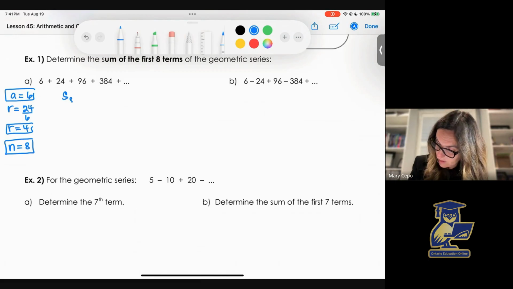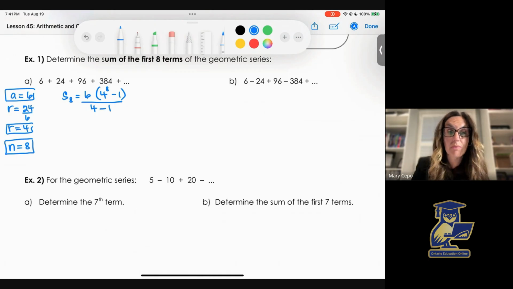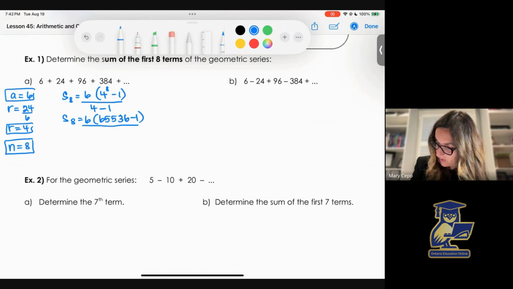S subscript 8 is equal to a times r to the exponent of n minus 1, all over r minus 1. Always following BEDMAS, so we'd work within the brackets. 4 to the power of 8, which is 65,536, minus 1, all over 3.